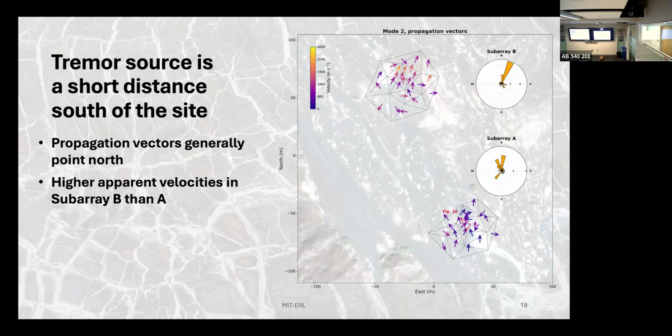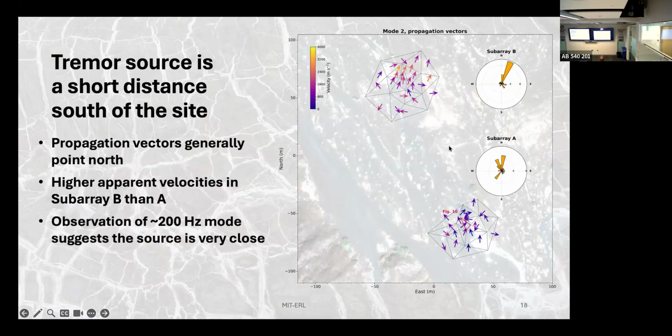So it is very likely that in array A, we're observing high frequency surface waves propagating mostly in the sedimentary layer, whereas in array B, where the propagation velocity can be up to 3,000 meters per second, we are observing mostly body waves.